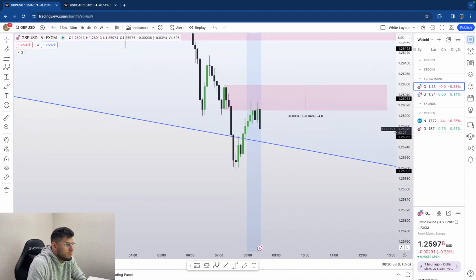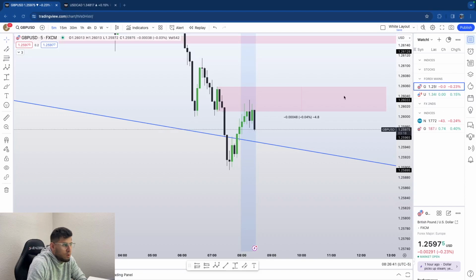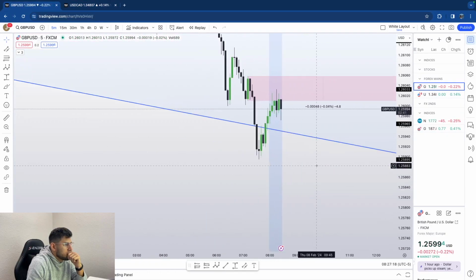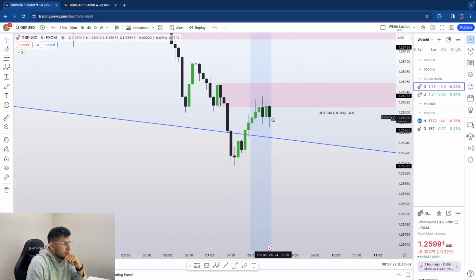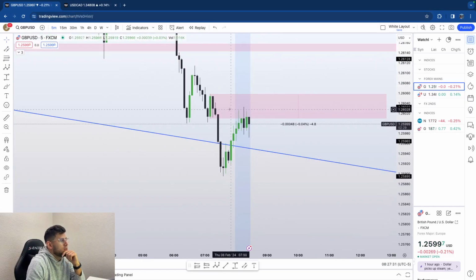Something was telling me to get in, but I don't know if there'll be a little pullback there. There may be, but there may very well not be. GU with the break, a candle, and then the ugly rejection. Not too bad though. But yeah, it's playing around the zone, man.